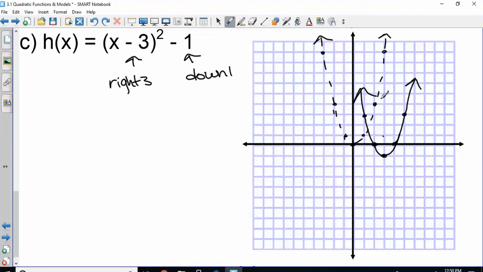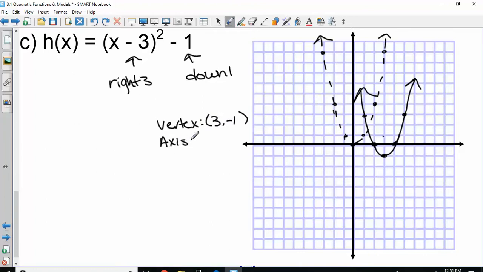If I asked you guys some questions, what's the vertex of this? 3, negative 1 is the vertex. What's the axis of symmetry? But it's a line, so you have to write it as, yes, so our vertex is 3, negative 1.